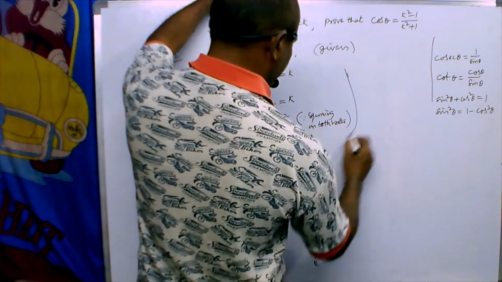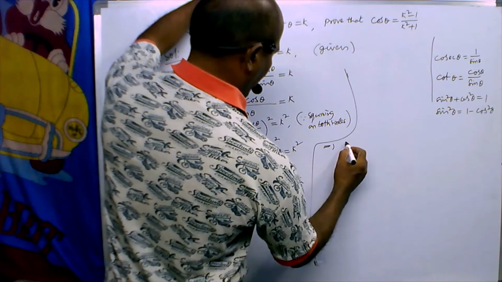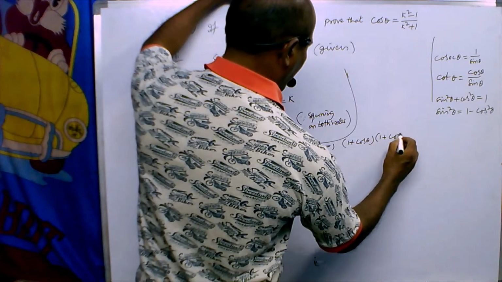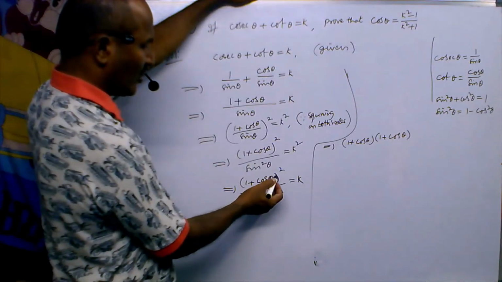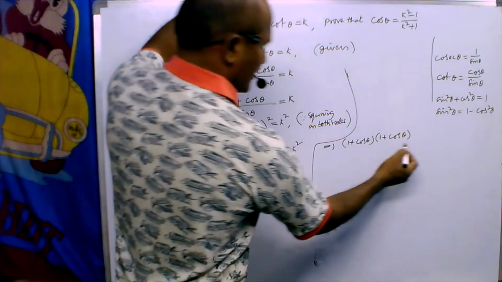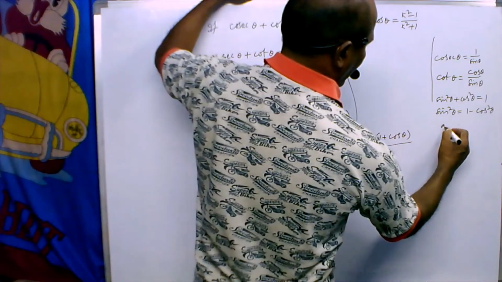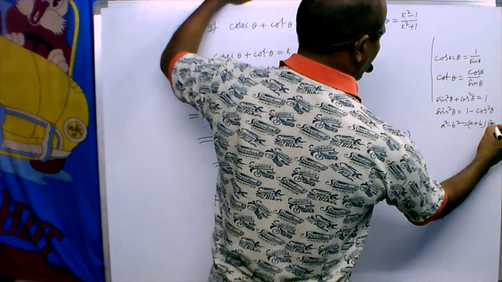Now 1 plus cos theta into 1 plus cos theta. This is 1 plus cos theta whole square, which means a square, a into a. Similarly we write this expression. Now this is in the form of a square minus b square, and a square minus b square equal to a plus b into a minus b.